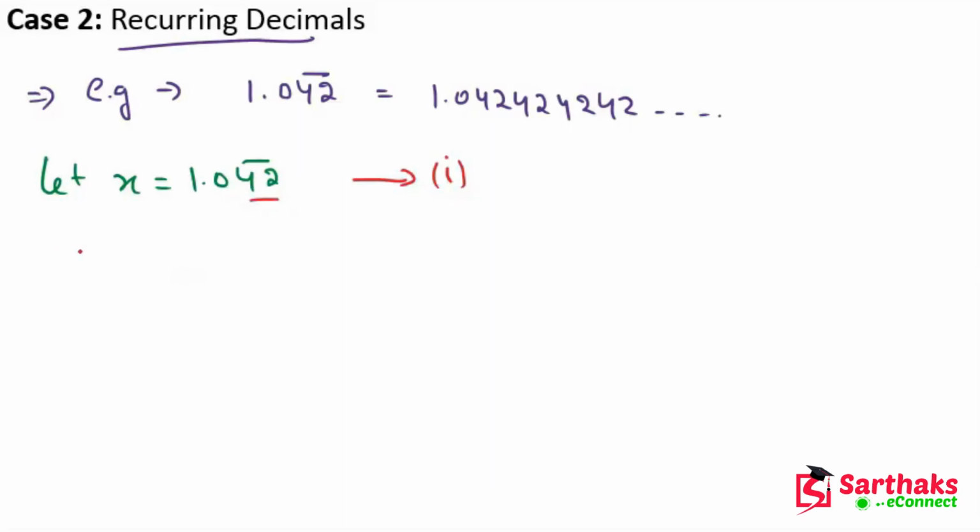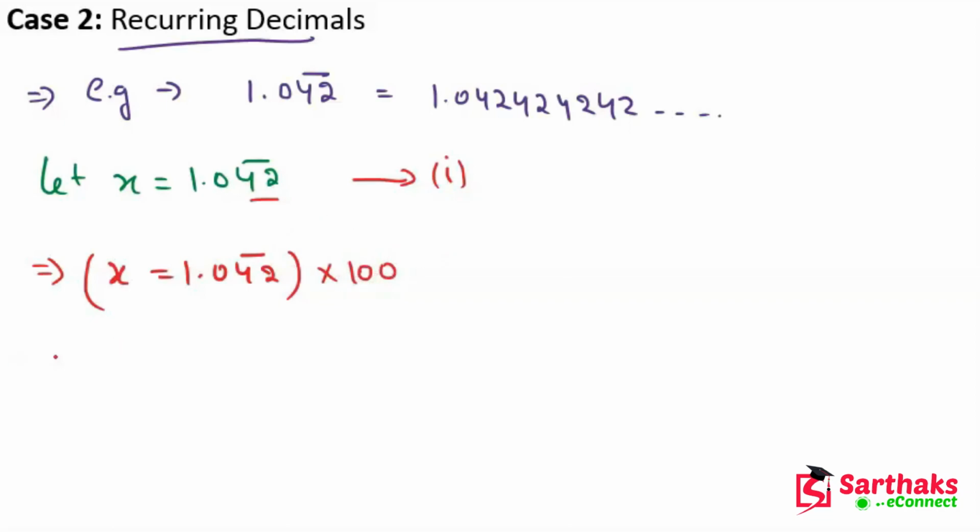So now we have to multiply both sides by 100, because two numbers are repeating and in 100 there are two zeros.